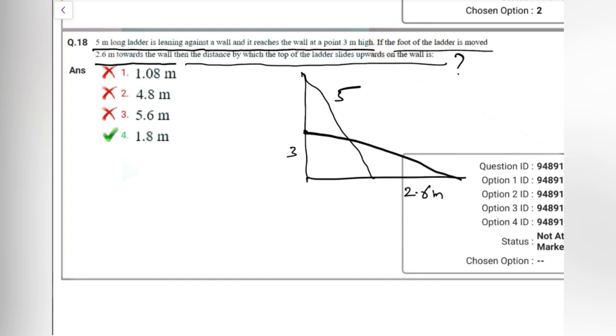If it is 2.6, then it will be 1.4, and according to the question, distance from the wall to the foot of the ladder is equal to square root of 5 square minus 3 square using the Pythagoras theorem, which is equal to 4 meters.